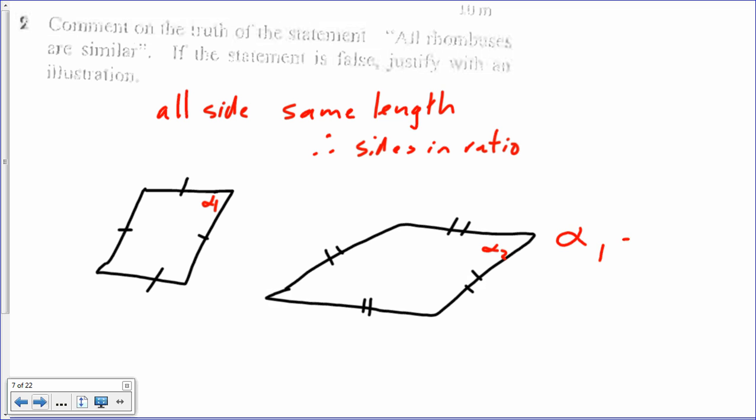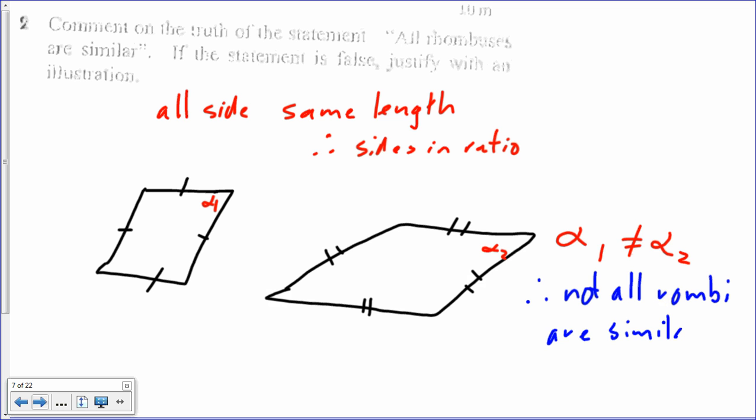Alpha 1 does not equal alpha 2. So in that case, therefore, not all rhombi are similar. The only case where the rhombi are similar is when we've got a square, and that's because all the angles are equal.